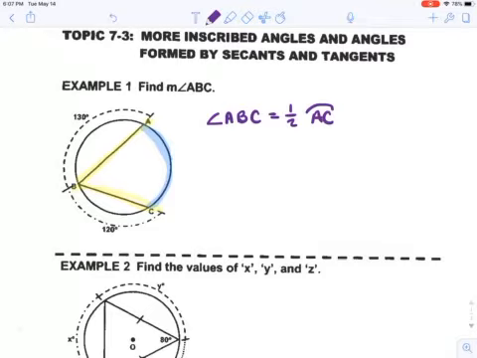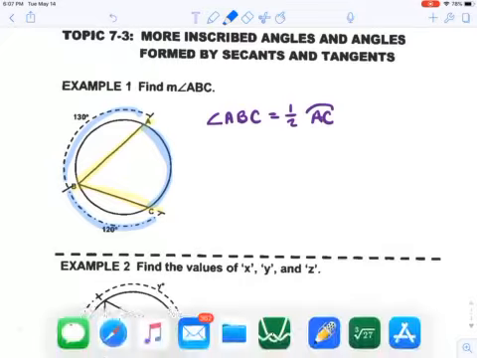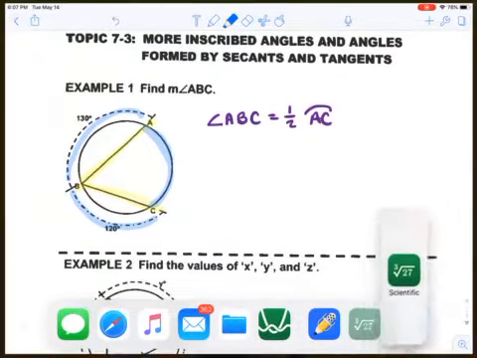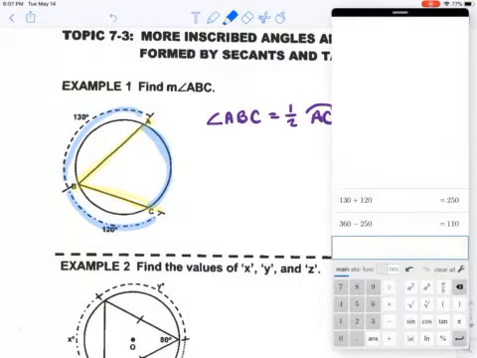What we do know is that arc AB is 130 degrees, arc BC is 120, and then all the way around should be 360 degrees. So what we're going to do is we're going to add 130 plus 120, and we'll get 250.